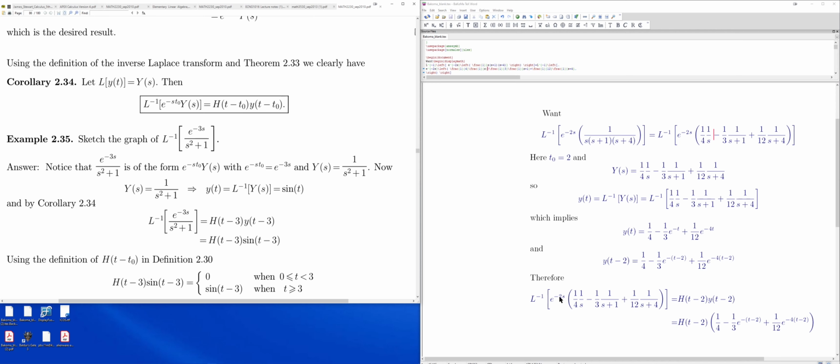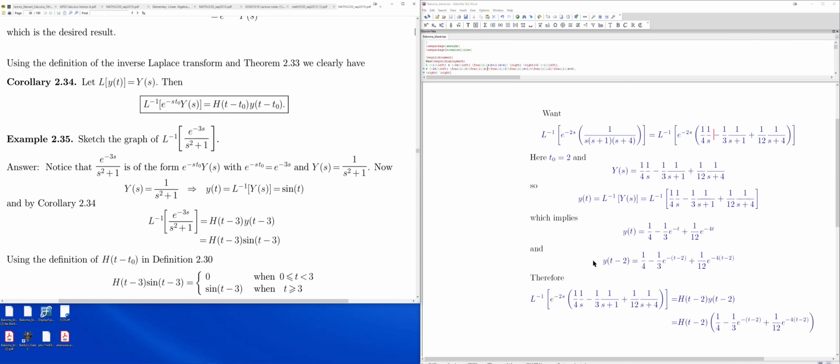Okay, so the t0 is equal to 2. The big Y of s would be these three partial fractions here, and the small y, we figured out, is going to be a quarter minus 1/3 e to the minus t plus a half e to the minus 4t.